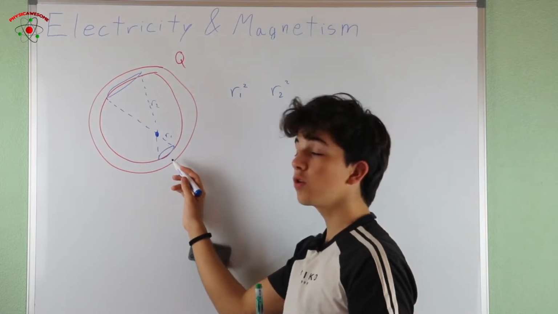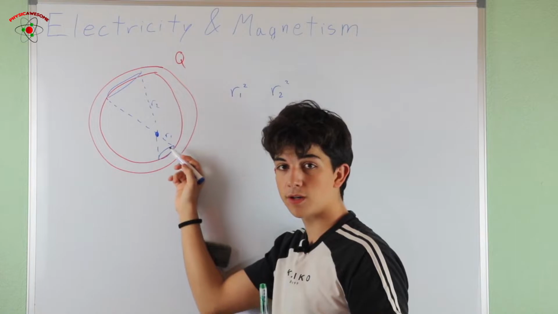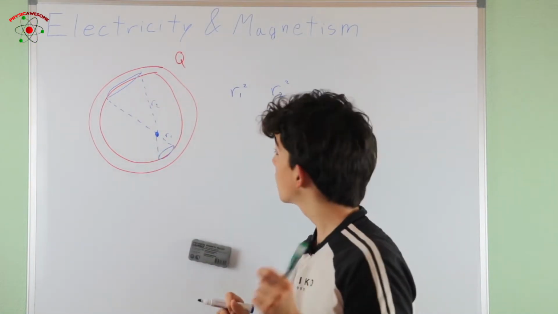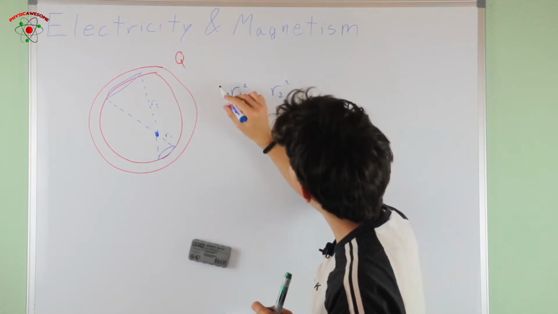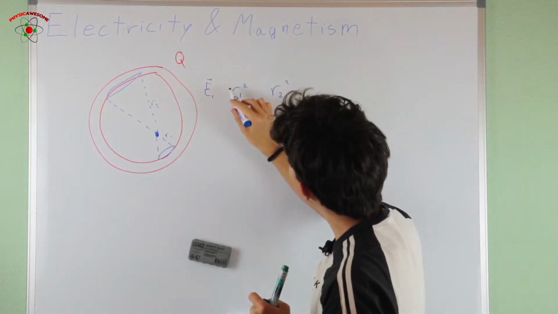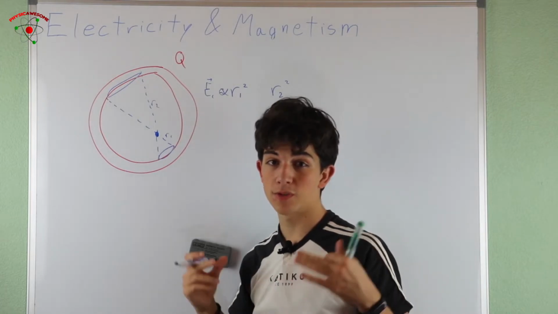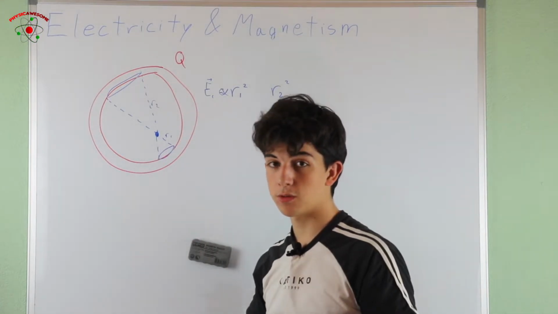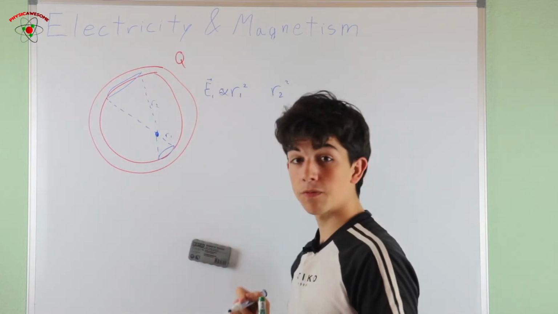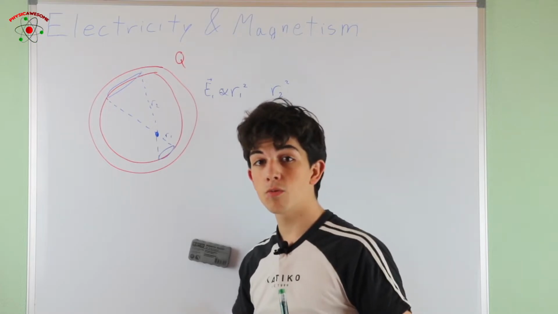But we know that the electric field created by this blob of charge at that angle is going to be proportional. So this is E1, there is a quantity proportional to r1 squared of charge that is creating that electric field. But we know that that electric field is going to be proportional to 1 over r1 squared.